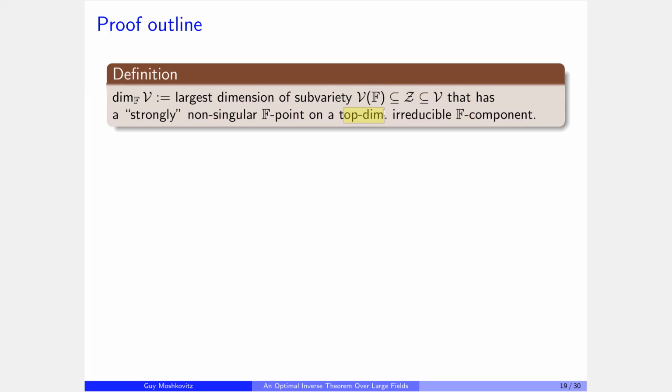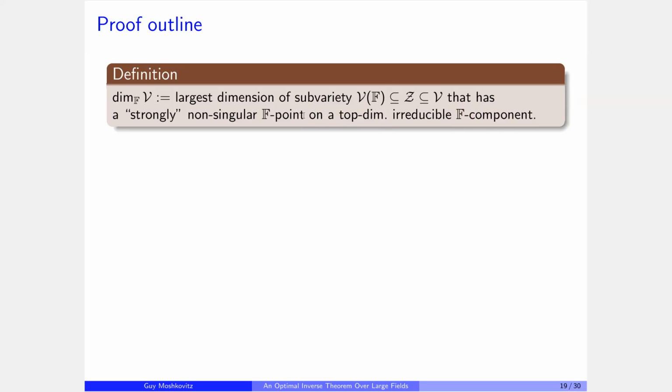We want Z to have a top dimensional irreducible component. Remember that every variety can be written as a union of irreducible components. They can have all kinds of dimensions. We're talking about a component of the largest dimension in Z. And this component also has to be an F variety: it should be cut out by polynomials with coefficients in the ground field.